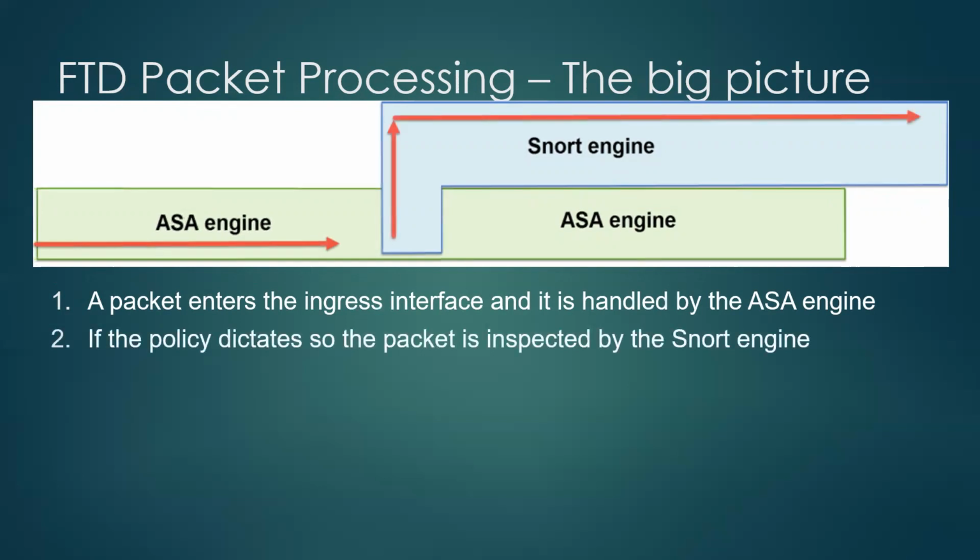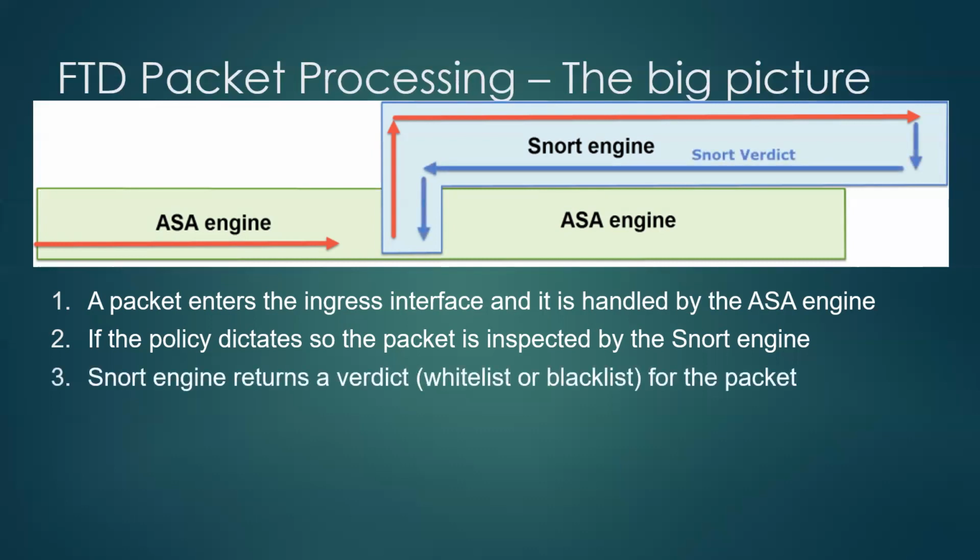Now here in the diagram, you can see clearly our ASA path, and it's very important that you can see the flow. When a packet is coming, if you put some checks that the packet should go for Snort inspection as well, then it will go to the Snort inspection. You can see the path here. It is going to the Snort inspection, and then it is coming back to the ASA path.